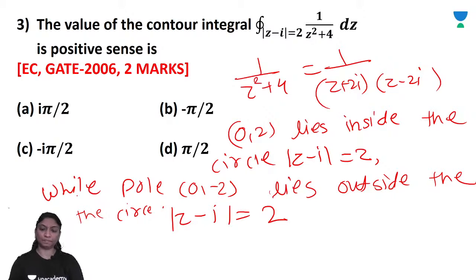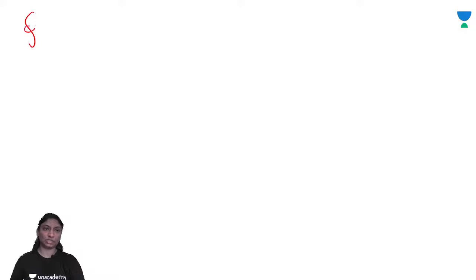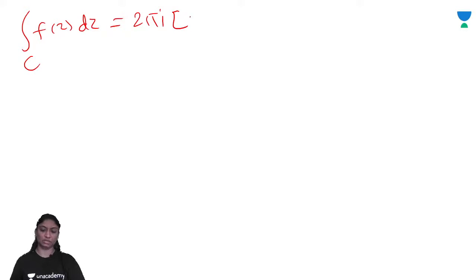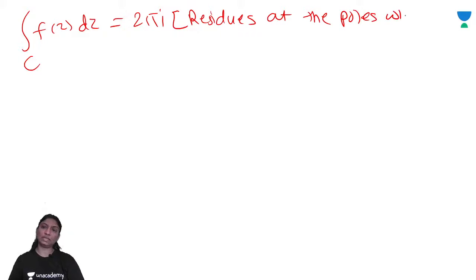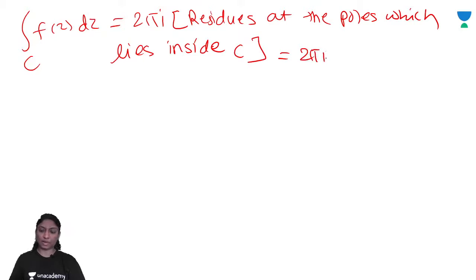So by Cauchy's residue theorem, integral over C f of z dz is equal to 2 pi i into sum of the residues. Right? So the residues at the poles which lie inside the curve C, which is equal to 2 pi i into residue of f at 2i.